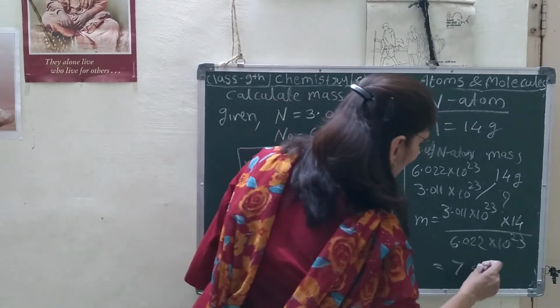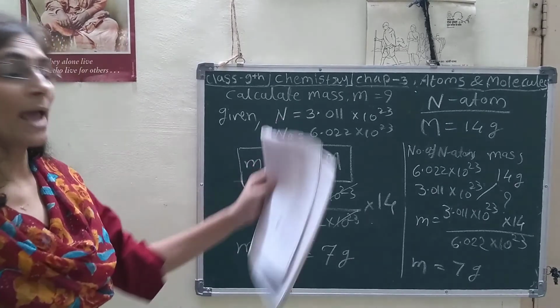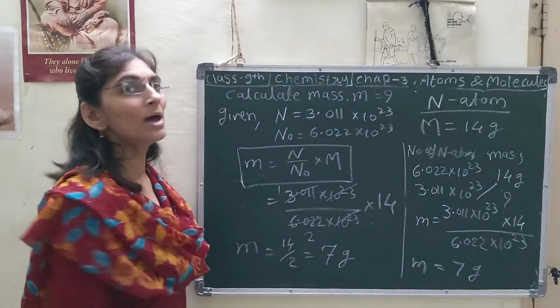It is equal to 7 gram. So m, the mass of an atom, is equal to 7 gram.